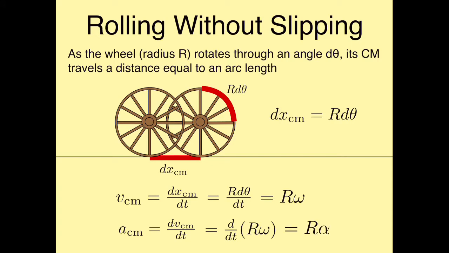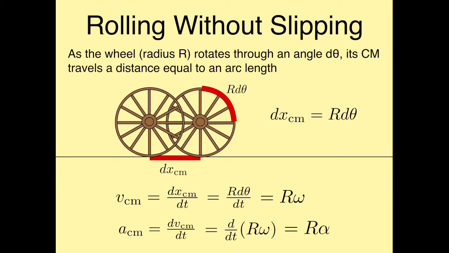You can pull that out. And then we're just taking the derivative of omega. So what's the derivative of omega? The angular velocity, that's called alpha, the angular acceleration. So there's also a relationship between the acceleration of the translation as you move from one point to another and of the rotation alpha. And again, it's just a factor of r, a factor of the radius to go from one to the other.